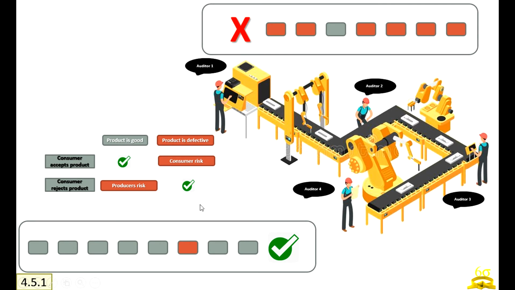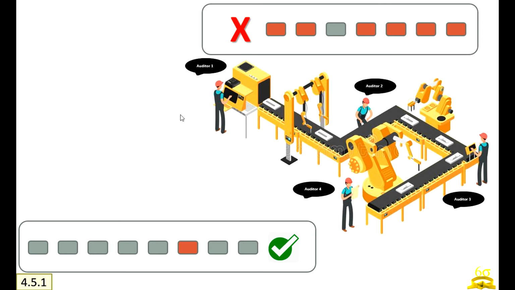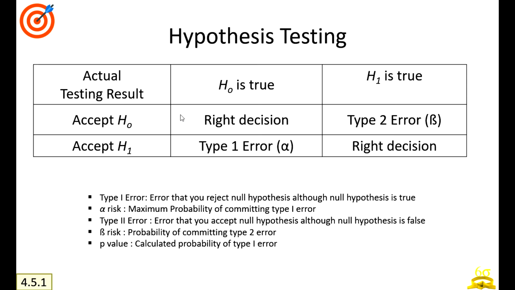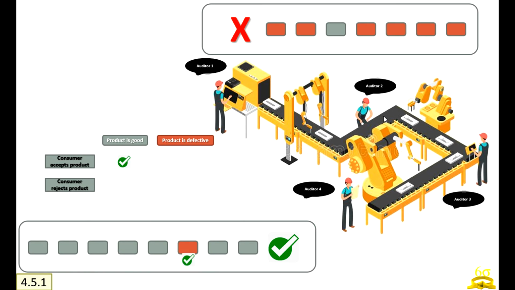Now, if you see here, which one is the greatest risk we have, right? So, for example, if we go back to our scenario, type 1 and type 2 error, which one is the bigger risk?